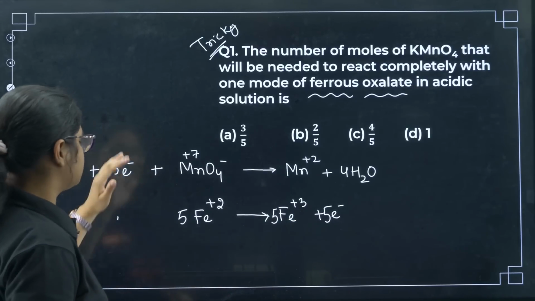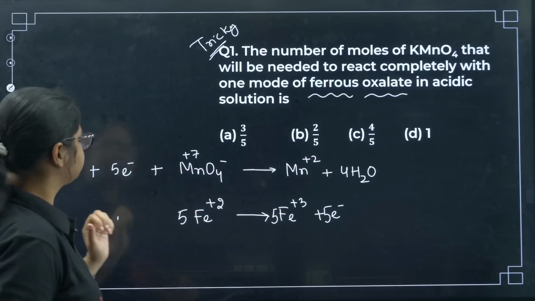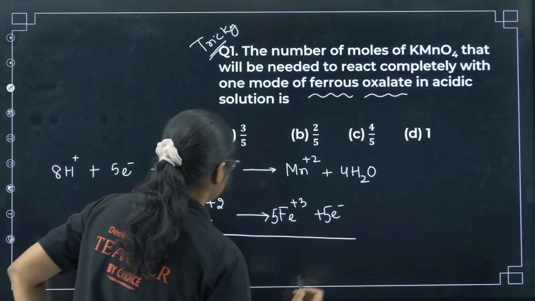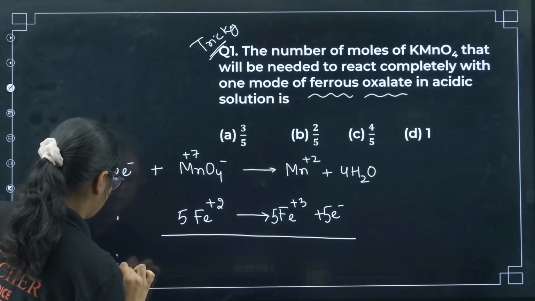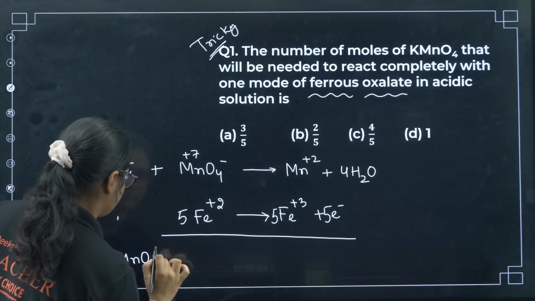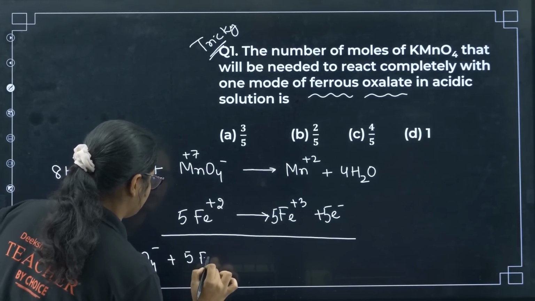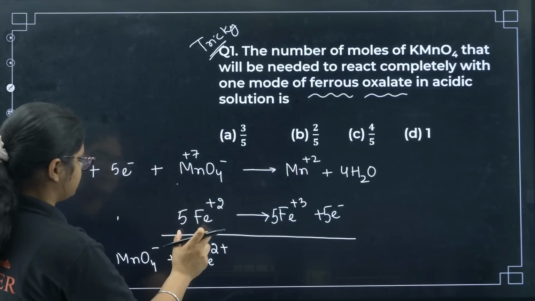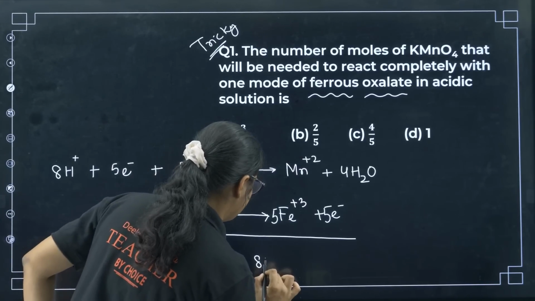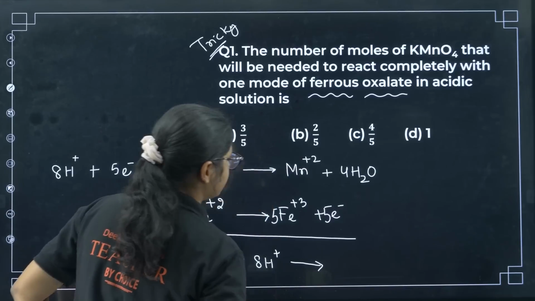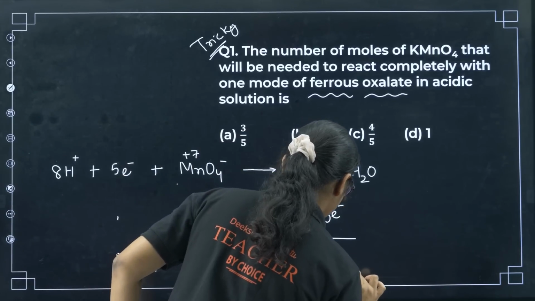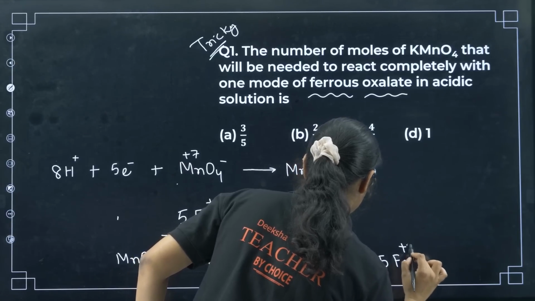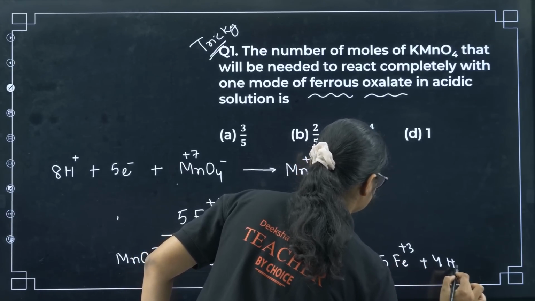Now you can cancel the electrons, and we get the reaction MnO4 minus plus 5 Fe2 plus plus 8 H plus gives Mn2 plus plus 5 Fe3 plus plus 4 water.